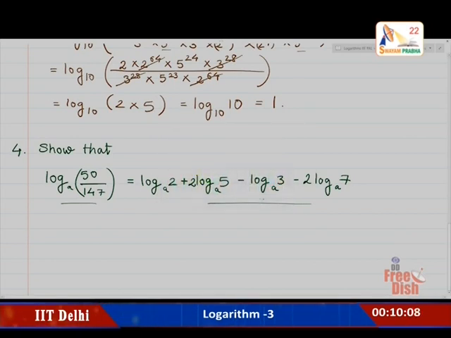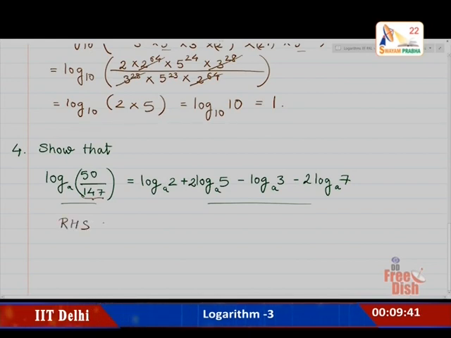Now if you start with the left hand side, for 147 you need to find some easy numbers like 2, 3, 7, 5 or 7, right. So this may be difficult for us. So instead of that we can start with the right hand side and try to solve this problem.